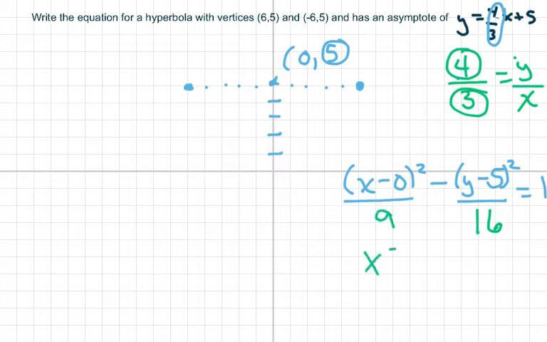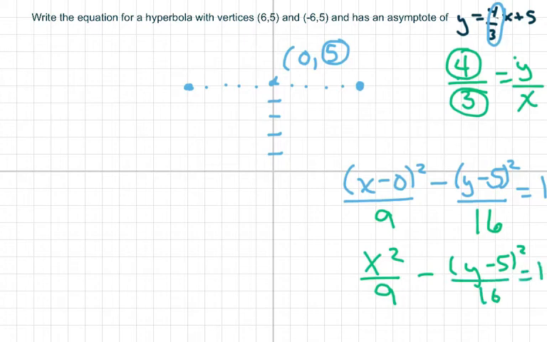So my equation is going to be x squared over 9 minus y minus 5 squared over 16 equals 1. All right? And usually on this, what they do is they write your asymptotes as a over b. But in general, if you just remember that your slope is y over x, then all you have to do is square the y, put it under the y portion, and then square the x and put it under the x portion. So that was pretty easy.